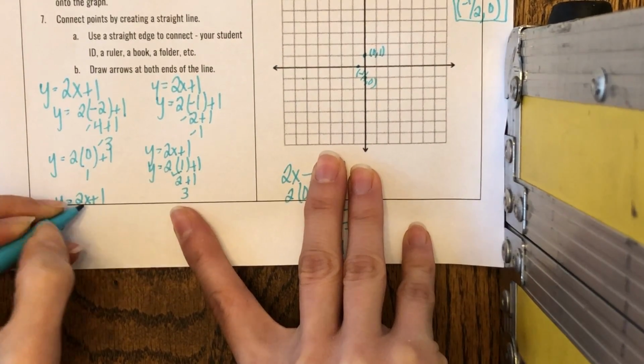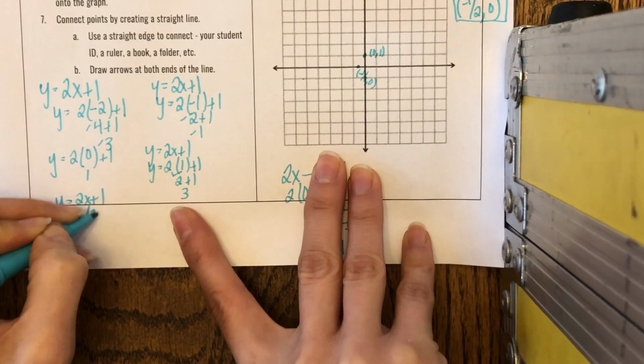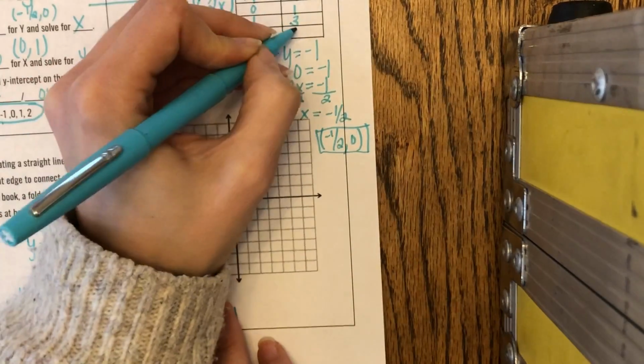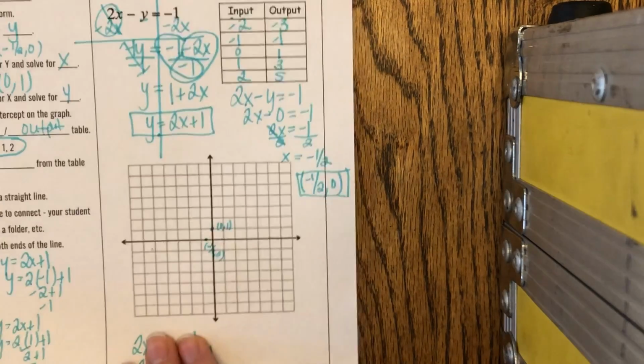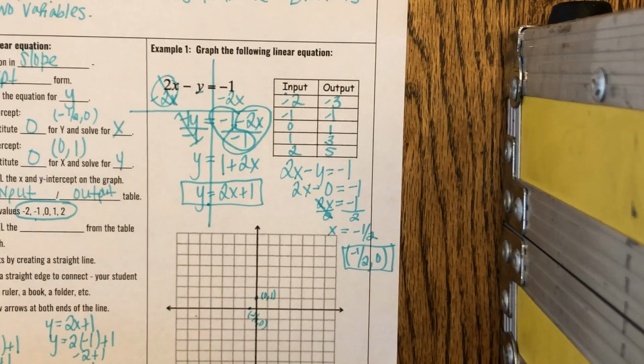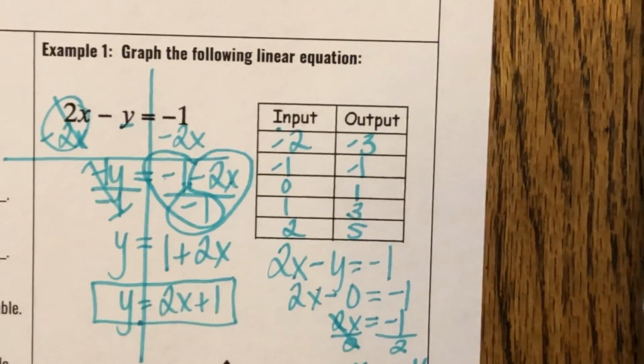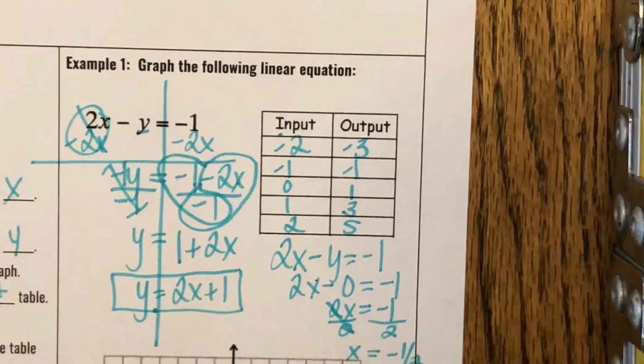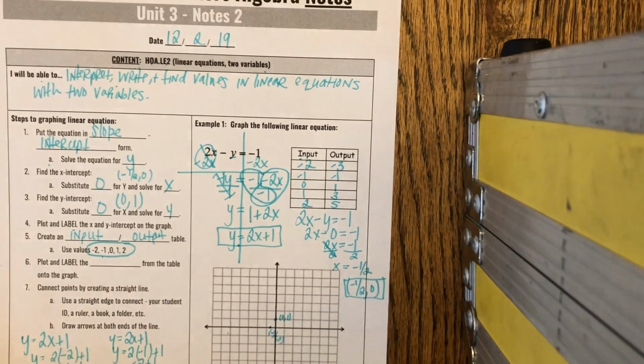So I need to substitute 2 for x. 2 times the quantity 2 plus 1. 2 times 2 is 4 plus 1 is 5. So let's go back to our input-output table and put the value 5. So if we take a look, you should have -2, -3; -1, -1; 0, 1; 1, 3; and 2, 5 in your input-output table.